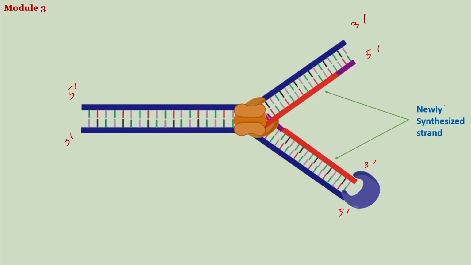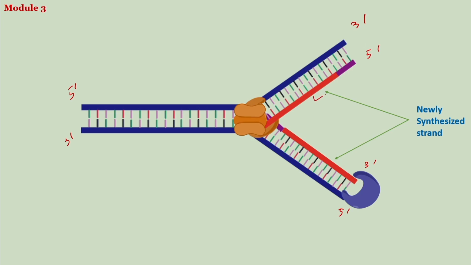It is not really so for the process of replication. The 2 strands, 5 prime to 3 prime and 3 prime to 5 prime, will behave very differently, as we will see. You can already see here, you need a primer for this direction, on the other hand this strand is going in the other direction.